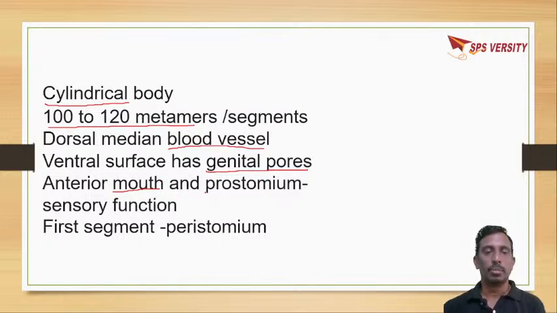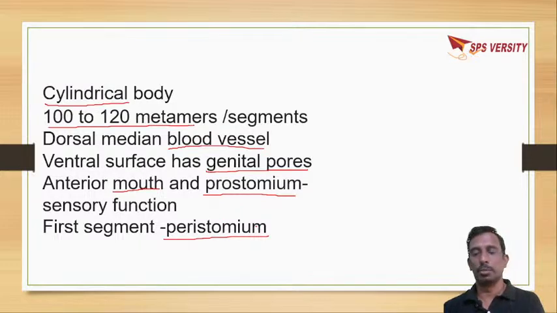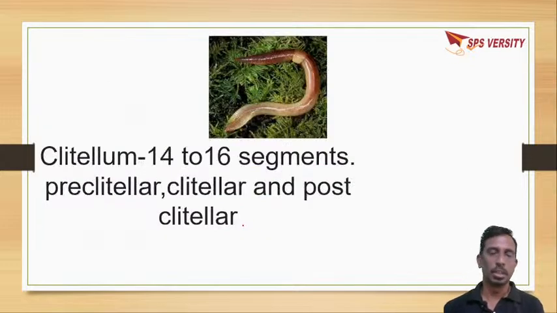Before the mouth, there is a fleshy tissue, that is prostomium. The first segment where the mouth is present is peristomium. And between 14 to 16 segments, there is a structure called clitellum.